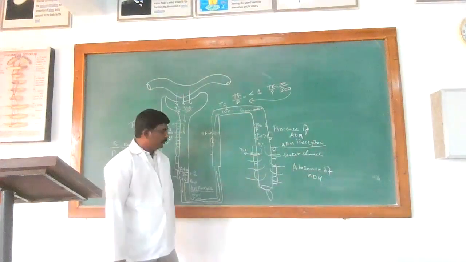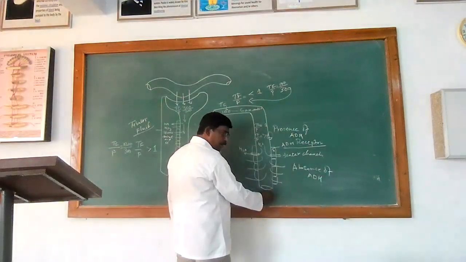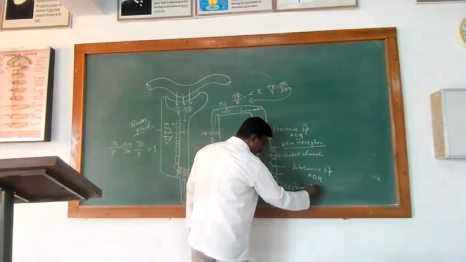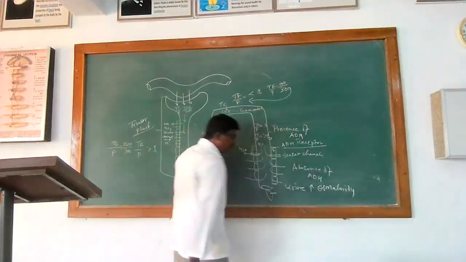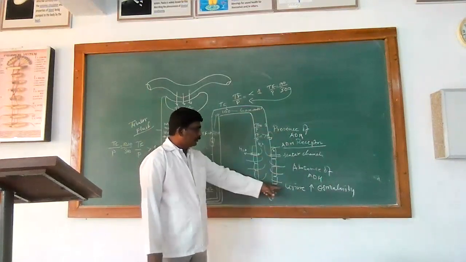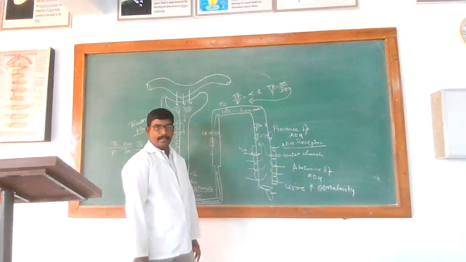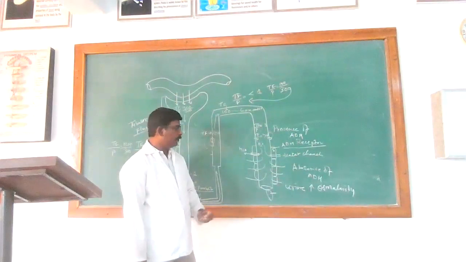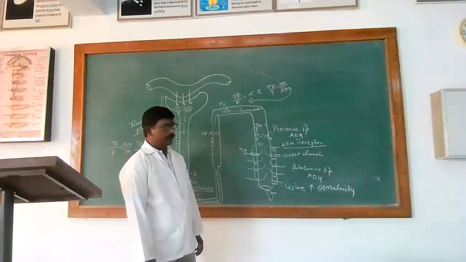In the presence of ADH, urea mobility increases, and the osmolarity of urine increases, with a small volume of water, rather than a large volume. So water will also come along with this concentration.